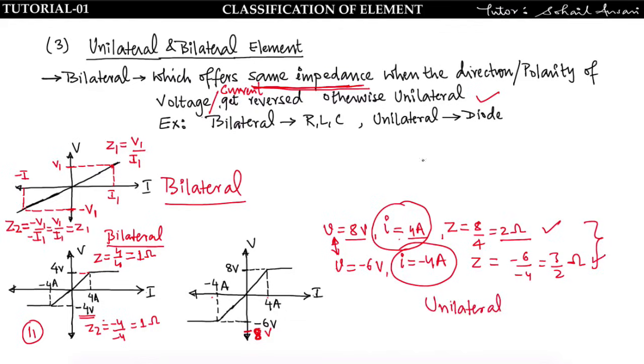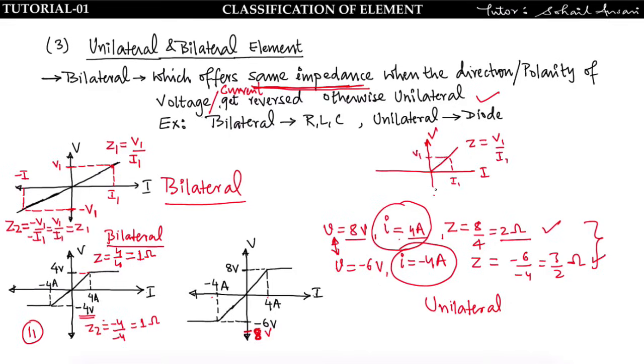Okay, take one more example of unilateral. This is also unilateral. This is V and this is I. You are getting Z is equal to V1 upon I1. This is I1, this is V1.